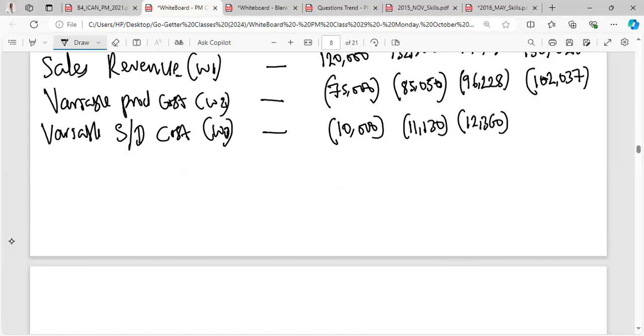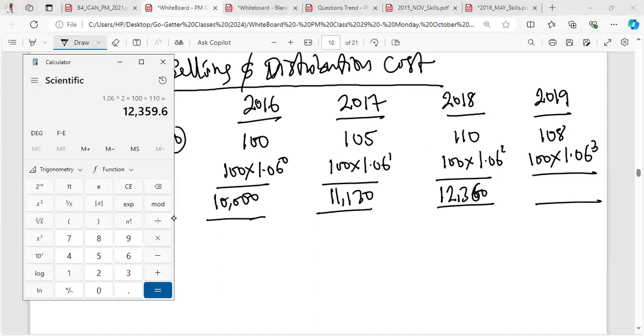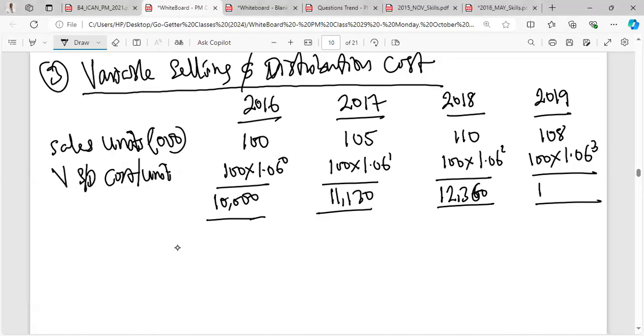Now let's do the last one. The last one here will be 1.06 raised to power 3, then multiplied by 100 multiplied by 108. That gives me 12,863.